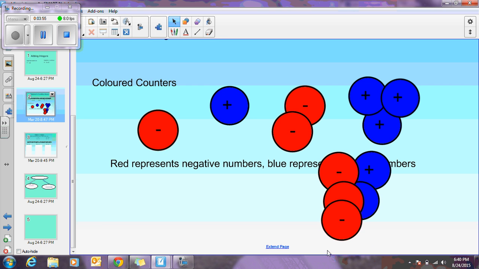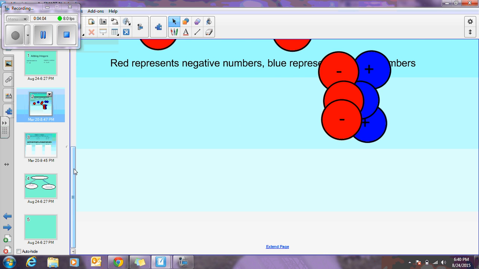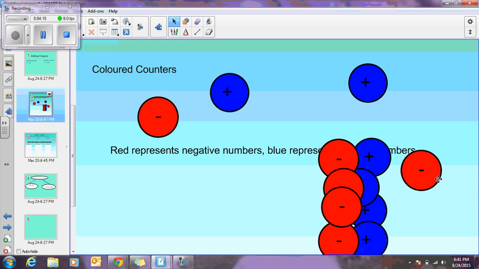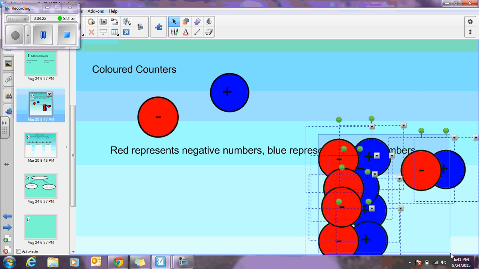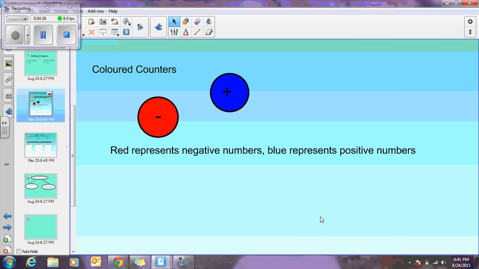There's a zero pair. Here's another zero pair. Zero pair. Zero pair. And then the last one I'll just put over here because I'm running out of room. So -5 and +5 just make 0. They're all canceled out. With this many zero pairs, they cancel out and they make 0.